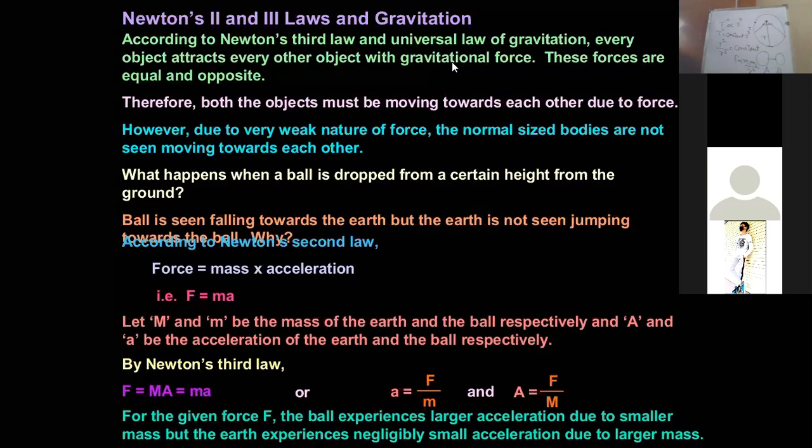Now let me explain it. That is called the inverse square rule, which was used by Newton in forming the universal law of gravitation.